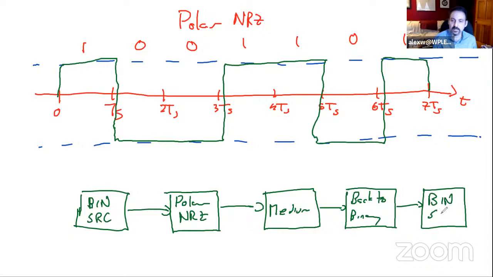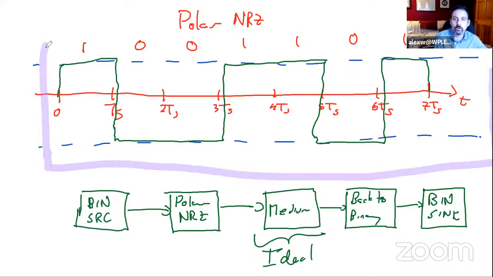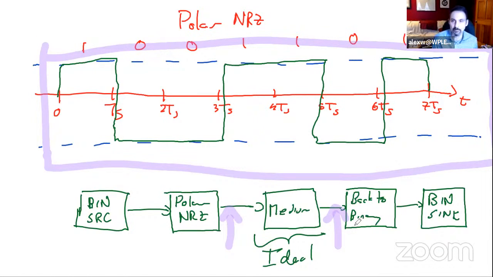And then we have bin sink. Fantastic. And until now, we've been assuming this is ideal. Ideal means that if I transmit this collection of polar non-return to 0 waveforms, I'm going to get the identical thing out here, and it's going to go back into the mapping, and everything will be perfect, and we'll all be happy, right?